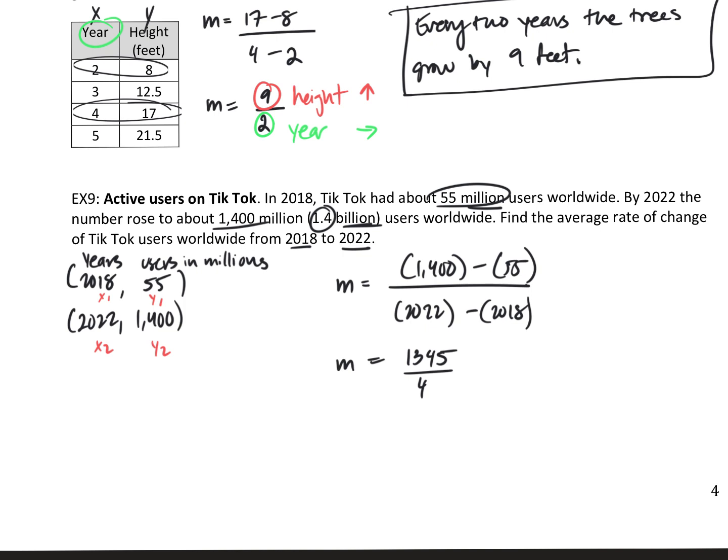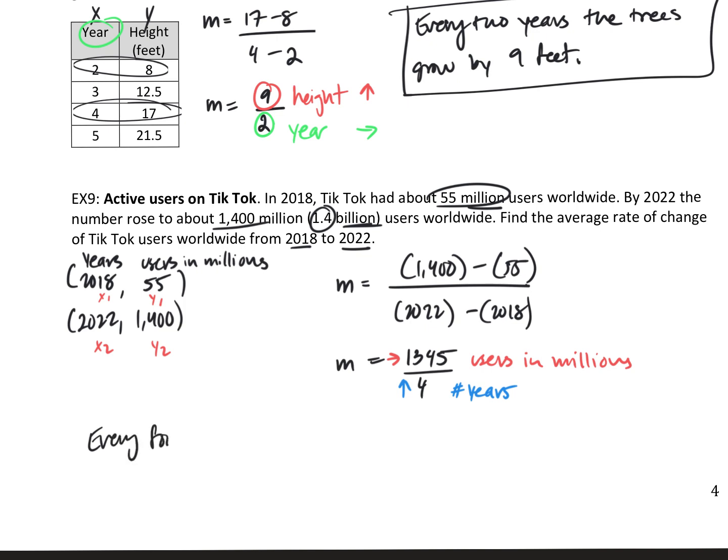So again, the y values are talking about the users in millions. And the x values are talking about the years. The number of years. So these are both positive. So as the years increase by 4, the users increase by 1,345. And again, million users. So let's go ahead and write that down.